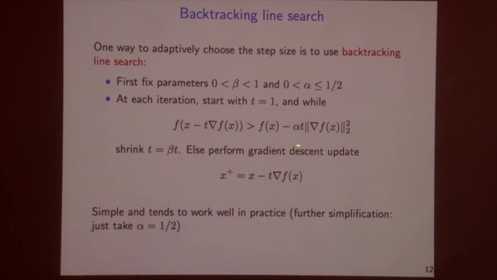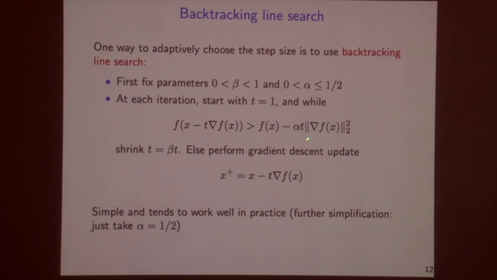If we take a look at this condition, it is basically saying: f of x plus, which is my new location, is the value of the objective at the new location larger than the value of the objective at the location where I was before, minus alpha t times the squared norm of the gradient? So the question in a way is, am I decreasing the objective by at least this amount?